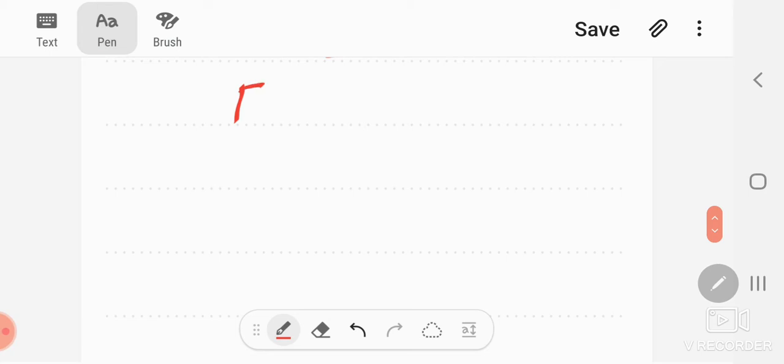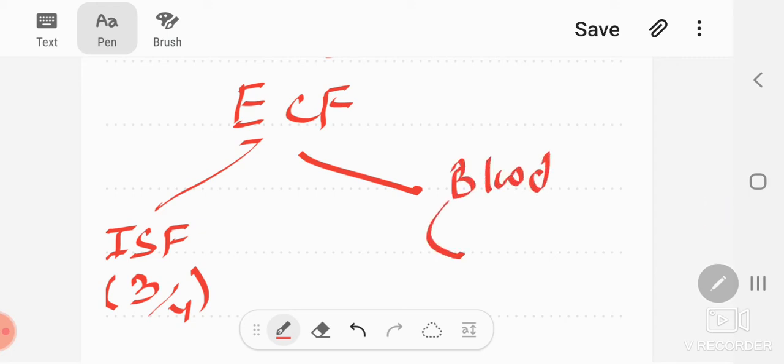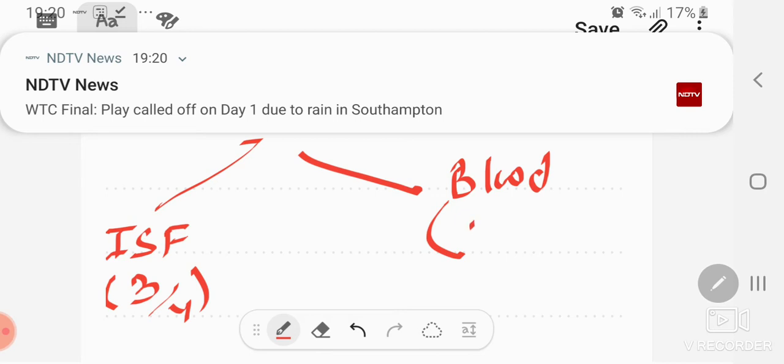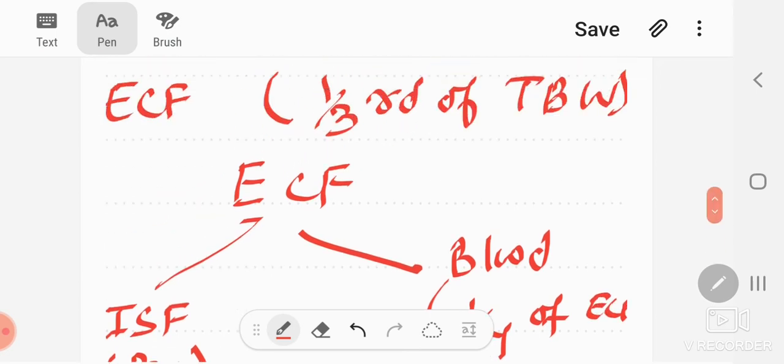Further, within ECF, interstitial fluid forms about 3/4 of the ECF, and blood forms about 1/4 of ECF.